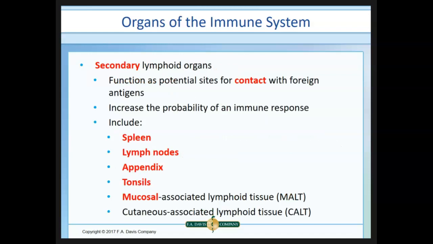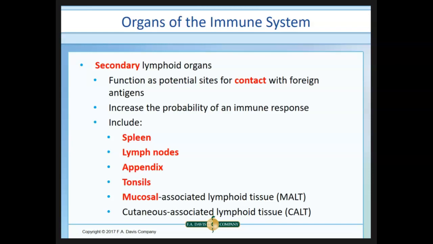The secondary lymphoid organs function as sites for contact with foreign antigens. So think about it. We need a lot of places where we can come into contact with our foreign antigens that might be trying to attack us to make us sick.